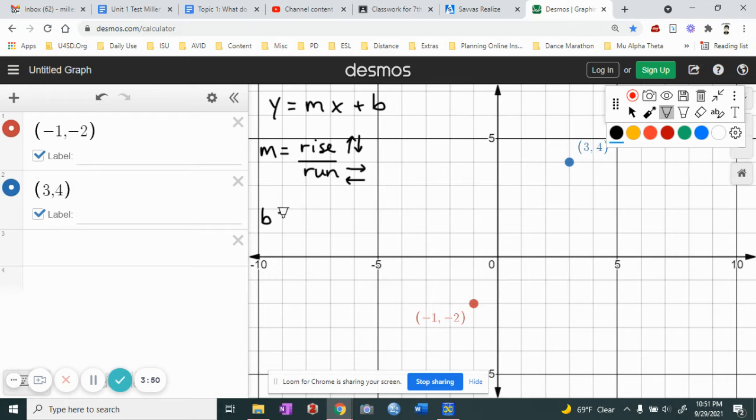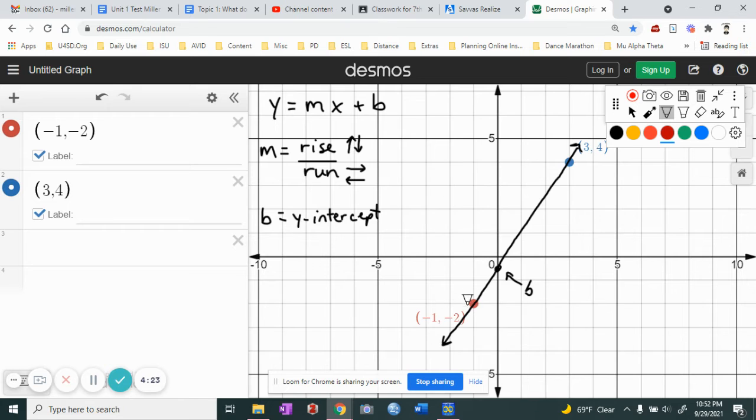The b is my y-intercept. Where will our line cross the y-axis? So if I'm connecting these 2 points, I want to know where it is we are hitting the y-axis. So right here, what is that ordered pair? That's my b value. And right now, I don't know what that is, but we have tools to find it.